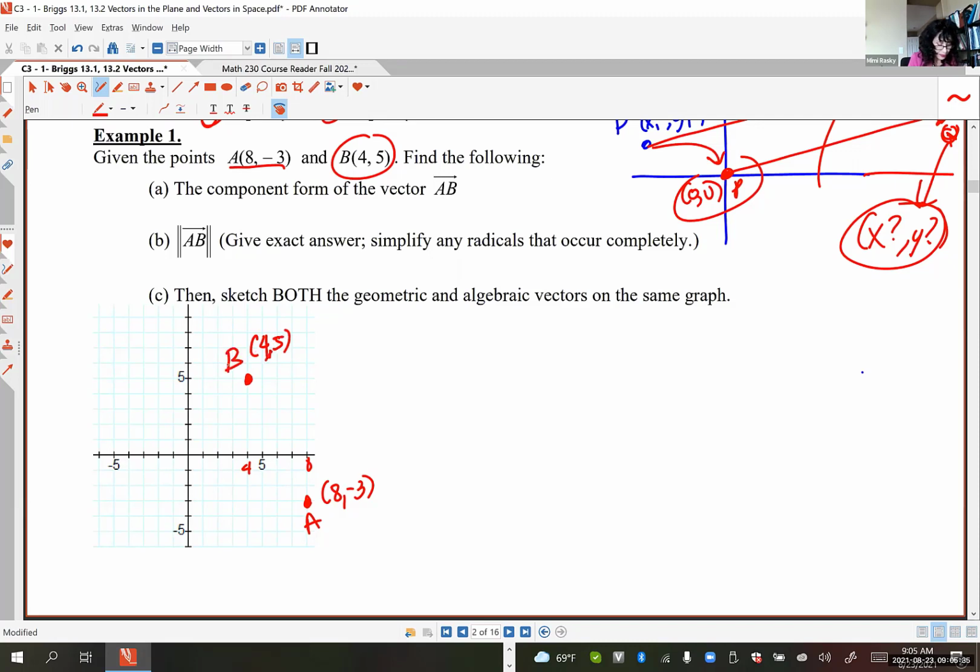There's B. And they want us to give the component form of AB. So the vector AB looks like this. And it is known as the geometric vector. Write this down, it'll become clear in a moment. So that's the vector AB. And it looks like it's kind of pointing up and to the left a little bit. Fine.